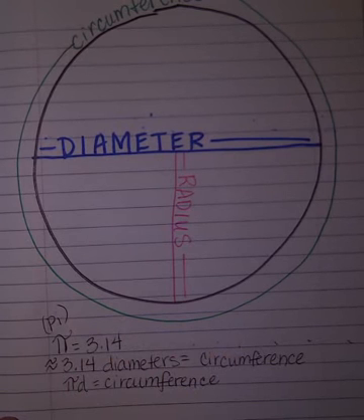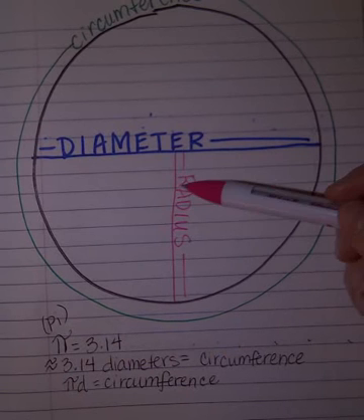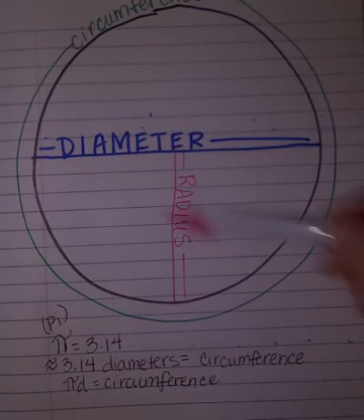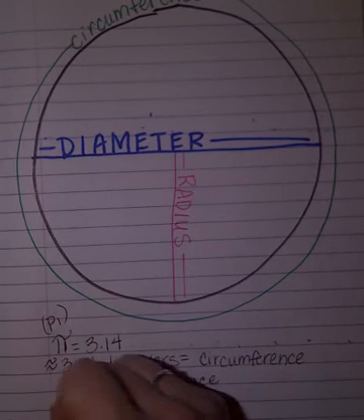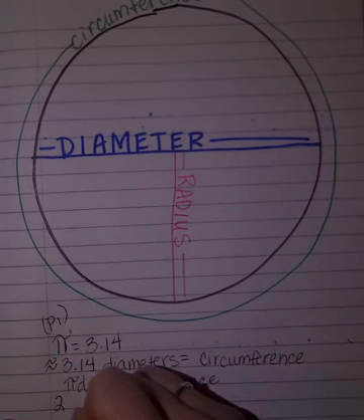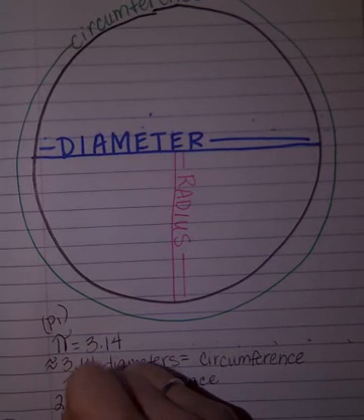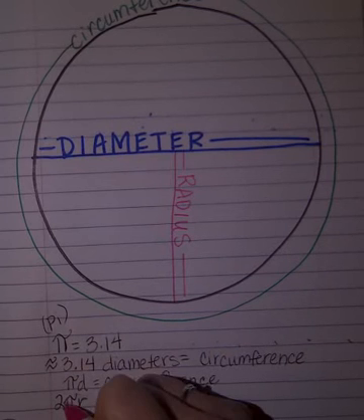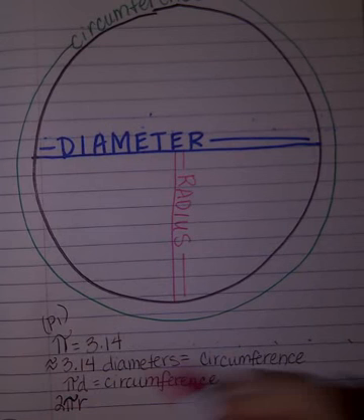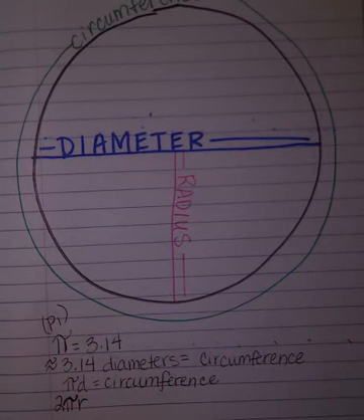And another way of writing that is if they give you just the radius, they don't give you the diameter, you can multiply the radius times 2 times pi. Now, I don't know why they don't say 2r pi, because that makes more sense, 2 times the radius times pi.